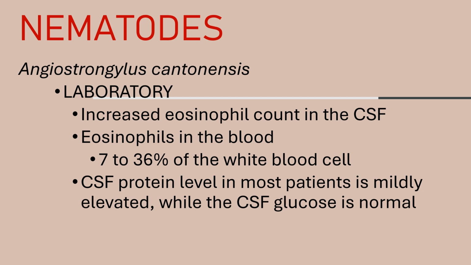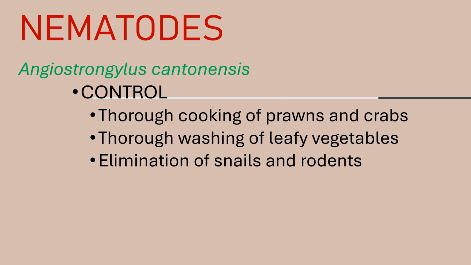Presumptive diagnosis may be made based on travel and exposure history, correlated with clinical symptoms, medical history, laboratory findings, brain imaging results, as well as serologic tests. As for the control of Angiostrongylus cantonensis infection, or parastrongylliasis, practice proper eating habits and safe food preparation.